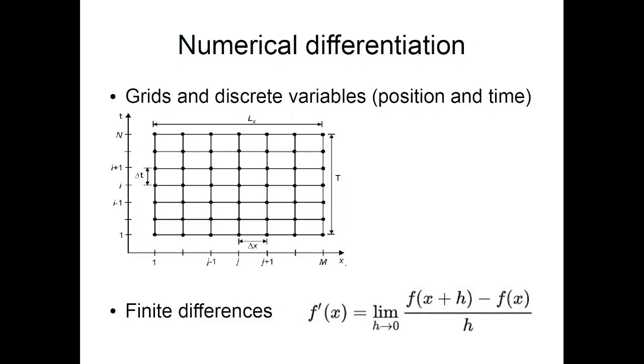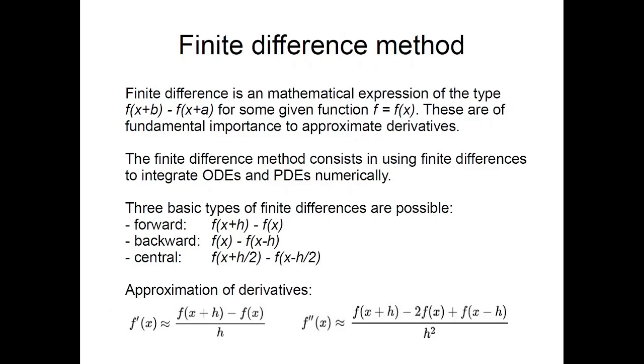So if we are now in this context of discrete variables and grids, we can now introduce the concept of finite differences that actually come from the very definition of derivative that you see at the bottom right of this slide here. So what is a finite difference at this point, and what is the finite difference method? A finite difference is essentially a mathematical expression of the type that you see here.